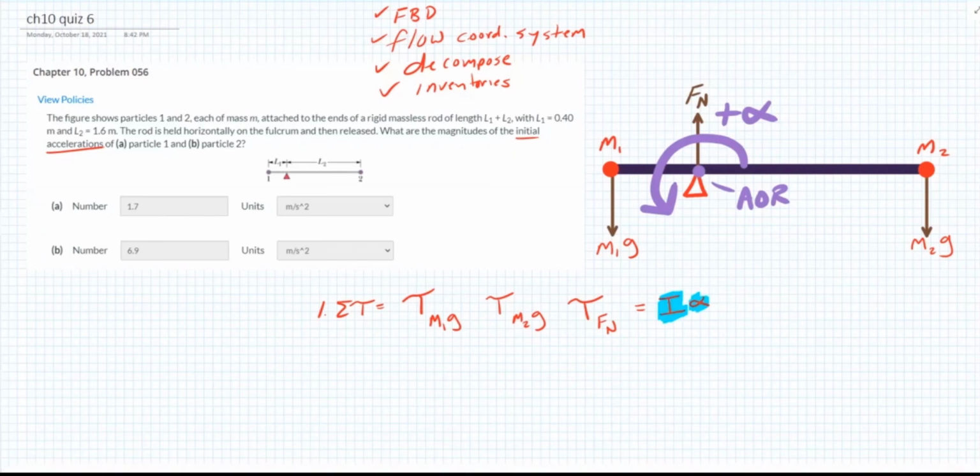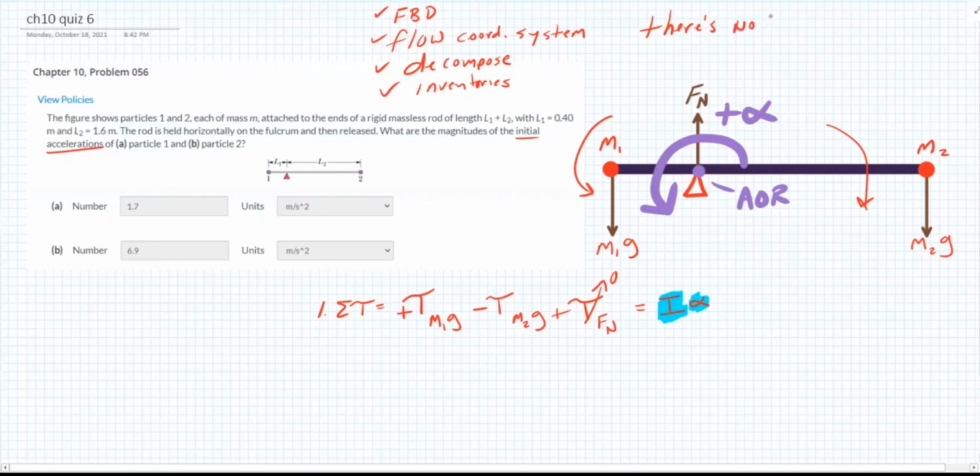So now I have to worry about pluses and minuses. M1G is trying to rotate counterclockwise, so M1G gets counted as a positive. M2G is trying to rotate the other way, so M2G gets counted as a negative. Fn is 0. There's no torque arm. I'm going to write it out the long way.